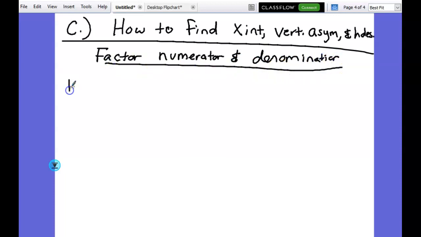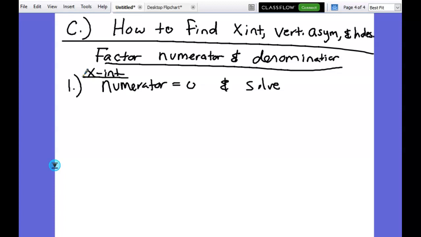And then take the numerator, the top, set it equal to 0 and solve. That gives you the x-intercepts. So in other words, find those x values that make the top equal 0, and you've got your x-intercept.